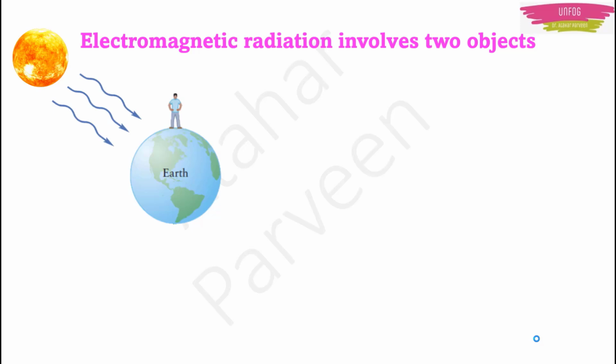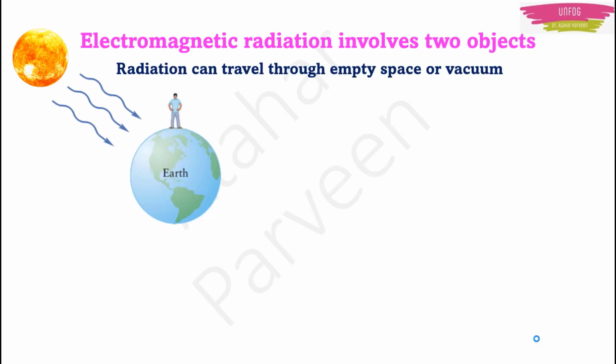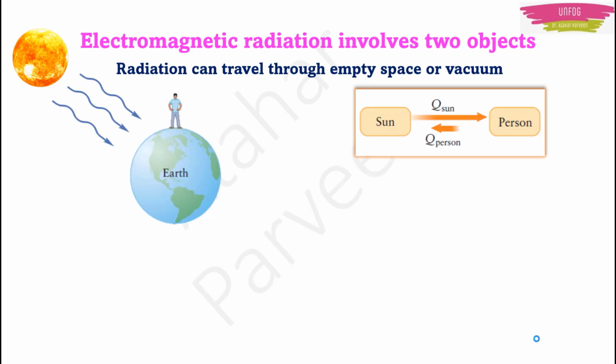Now the sunlight or normal light does not require any material medium to move, isn't it? It can travel through empty space or vacuum. Once the earth gets light rays, the earth will absorb them and reflect some back. But the reflection will be very little compared to the actual light rays coming from the sun. So this is one important point.